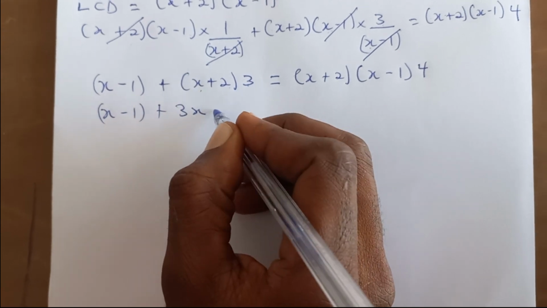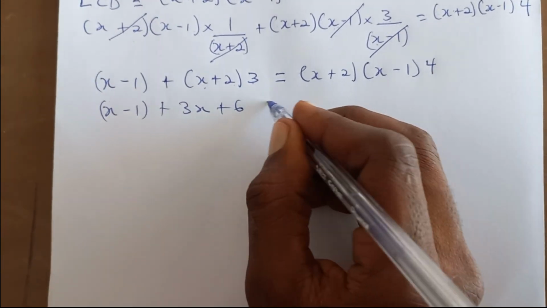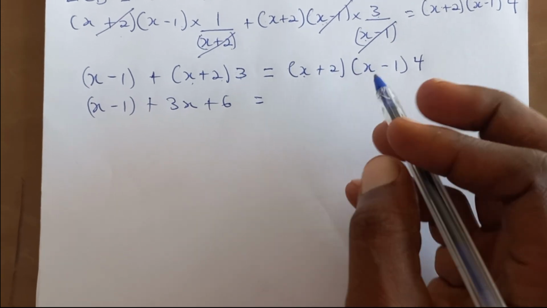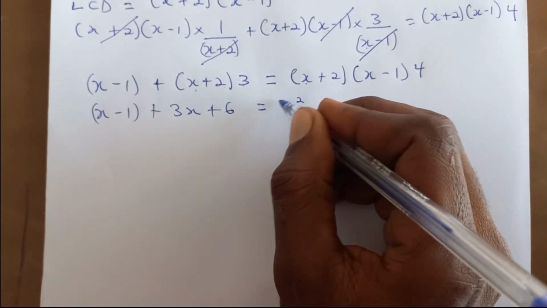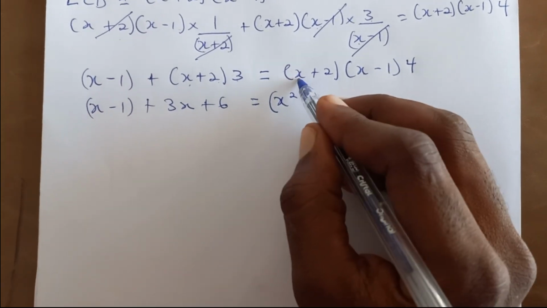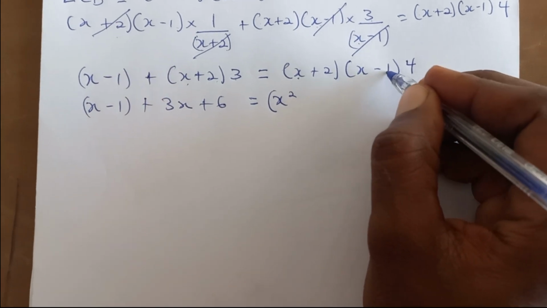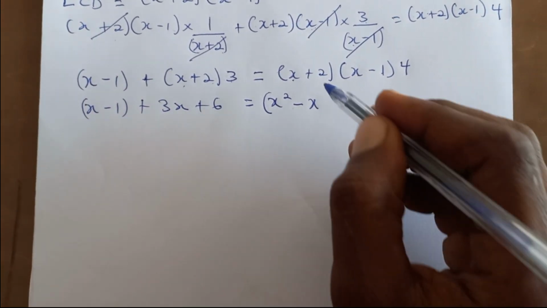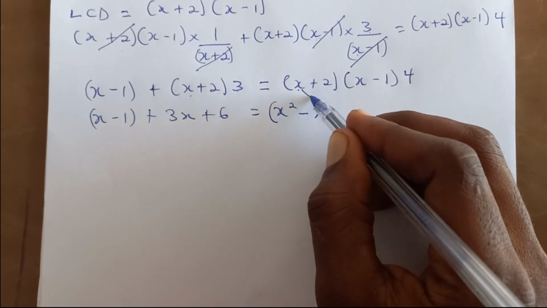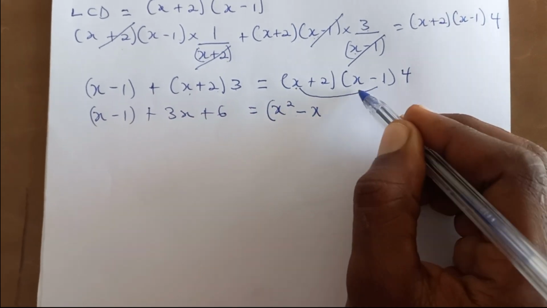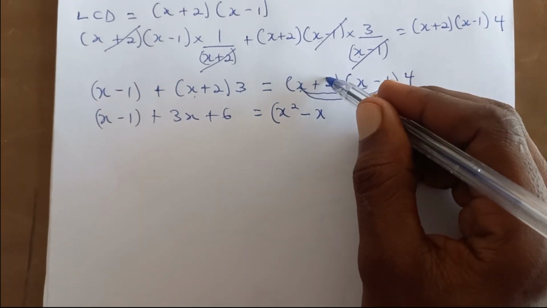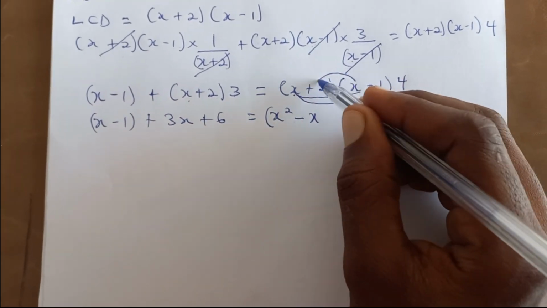3 times 2, we get 6, which is equal to, now x times x, we get x squared. x times negative 1, we get negative x. Basically, this x will multiply everything here. Then the other term, which is 2, will also multiply everything here.